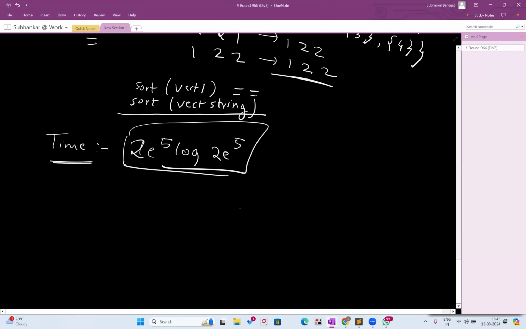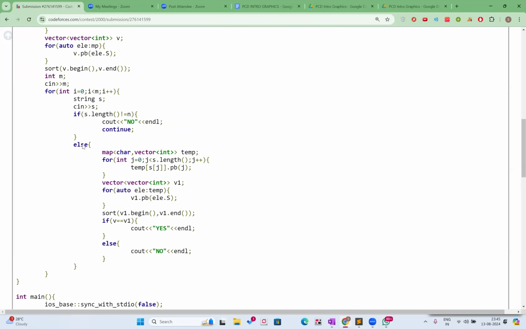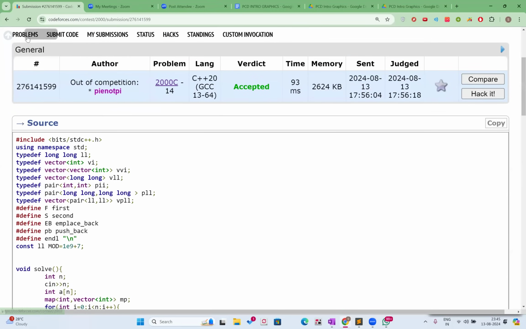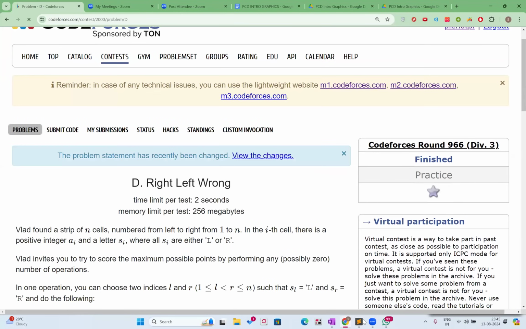Because the sum of the string lengths into this factor may go up to, or rather, if the array is long enough, that can also be n log n complexity. So this is the time complexity for the third problem. Now I'll move on to the fourth problem.